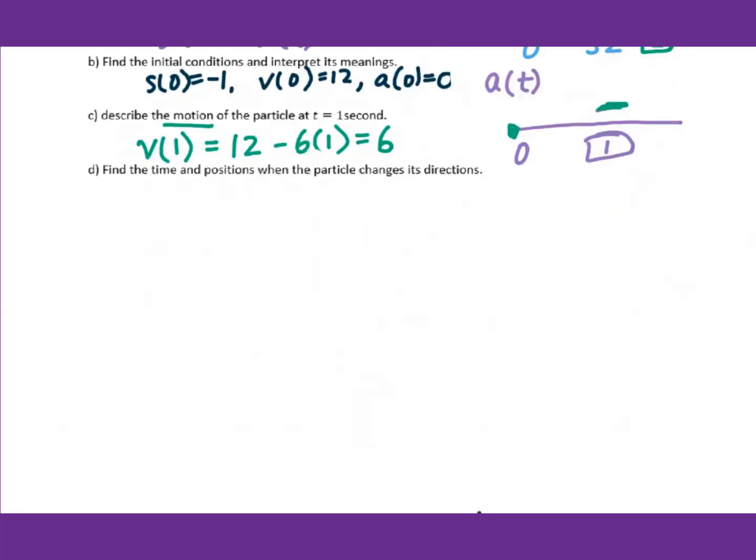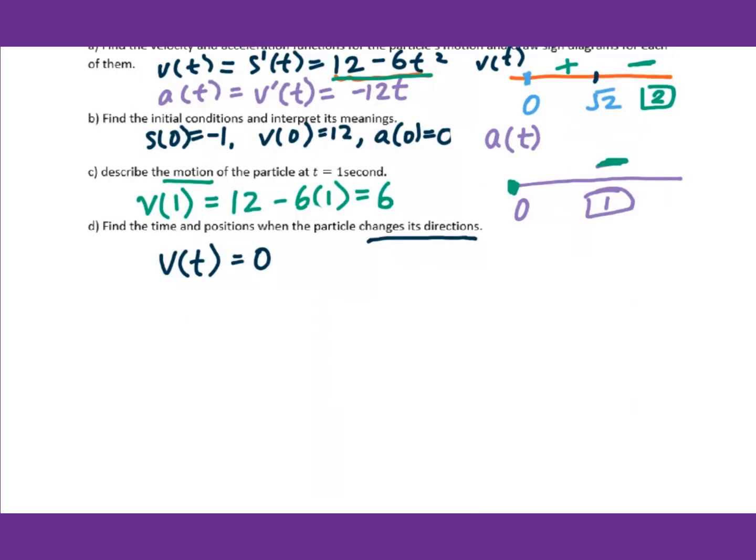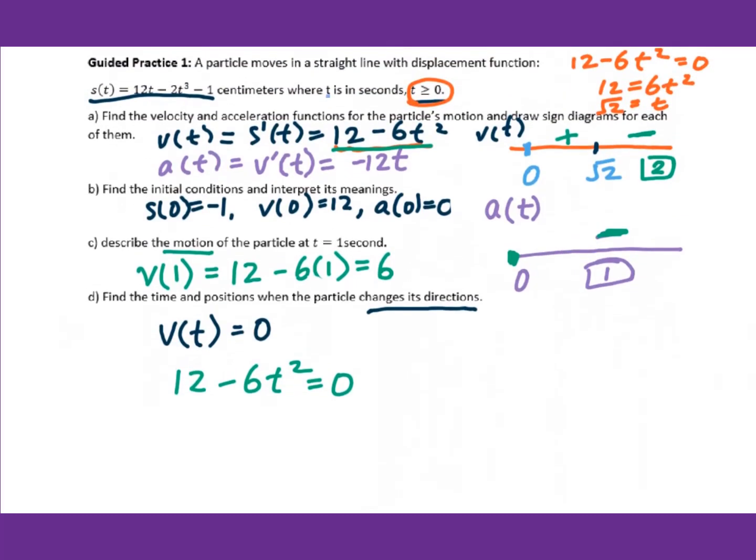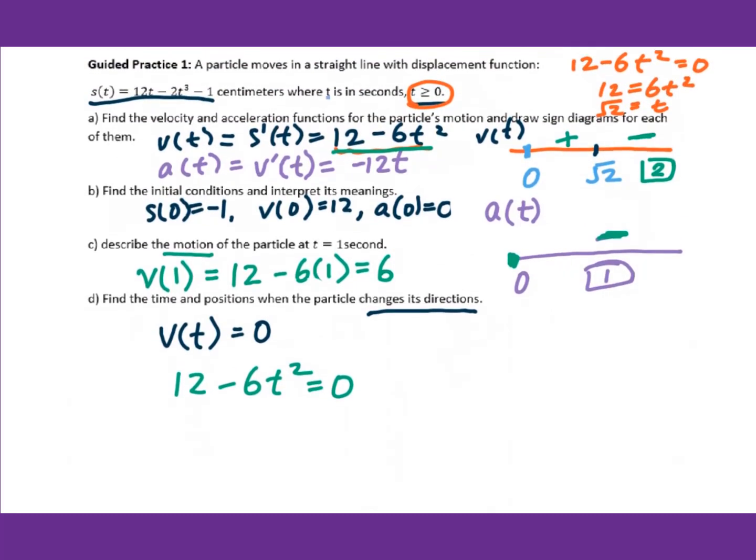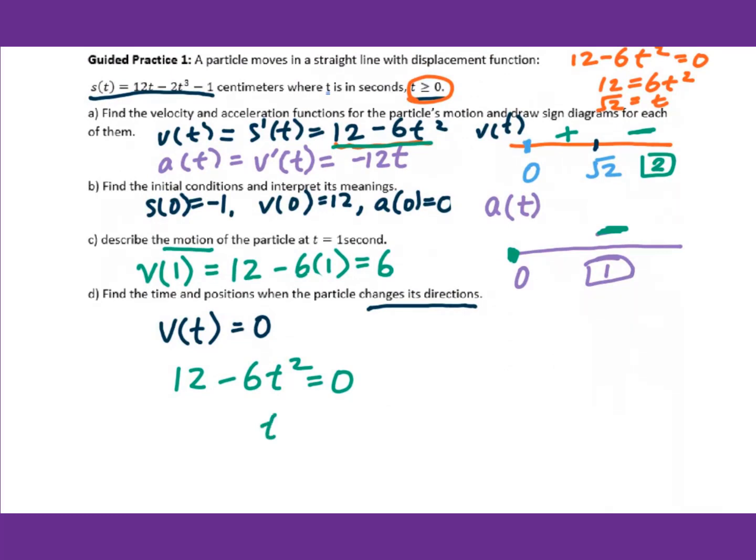Let's go to D. Find the time and the position when the particle changes its direction. It changes direction when velocity equals 0. 12 minus 6t squared equals 0. We already solved this equation when we answered question A. We got t equals square root of 2.